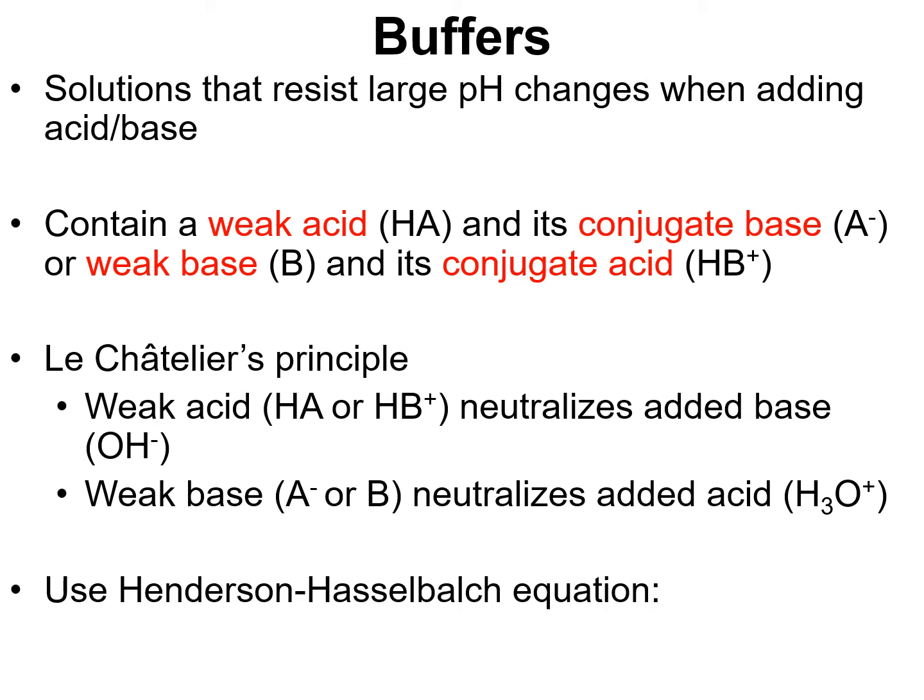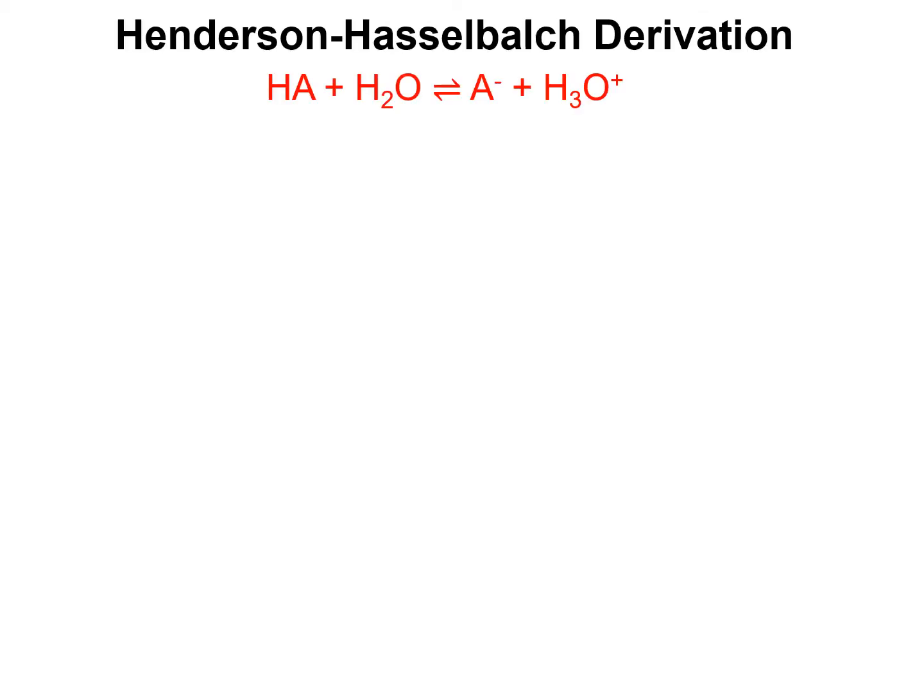In addition, we're going to be able to use a new equation that's basically derived from our traditional ICE table equilibrium expression. Let's go through that derivation now. If I started with a simple acid reaction using a weak acid HA plus water going to its conjugate base plus hydronium, I would have the following Ka expression.